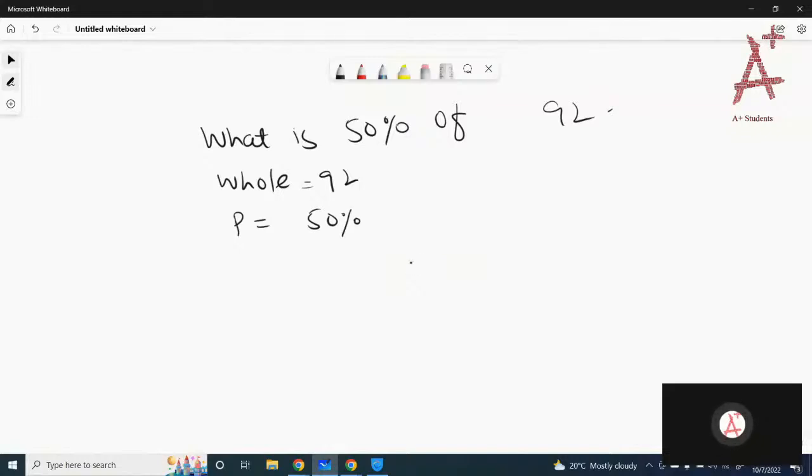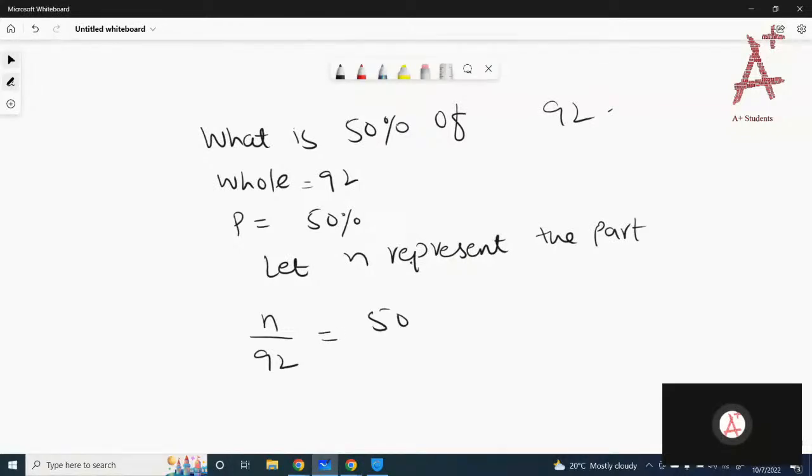So let n represent the part, the one you have to find. So let's make a ratio: n divided by 92, the whole, equals 50 divided by 100. Got it? Cross multiply: n times 100 equals 50 times 92. Got it?